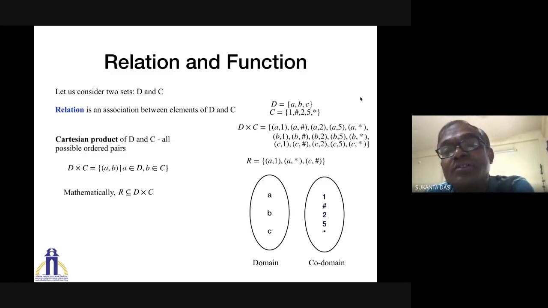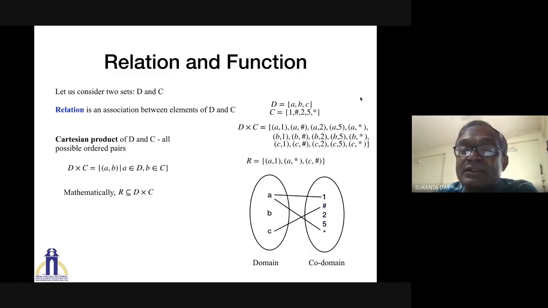So D is called the domain and C is called the codomain. And now if R is this, as I've defined above, that R is A comma 1, A comma star, C comma hash, then I can represent it in this fashion. So what this line indicates is that A and 1 are associated, and A and star are associated. So I put another line, and so C and hash are associated.